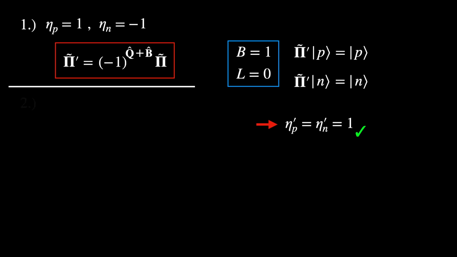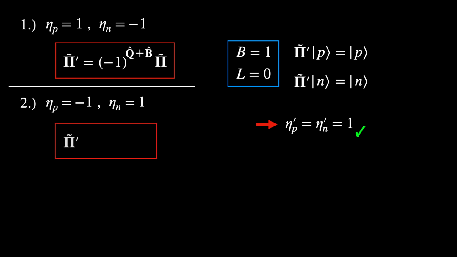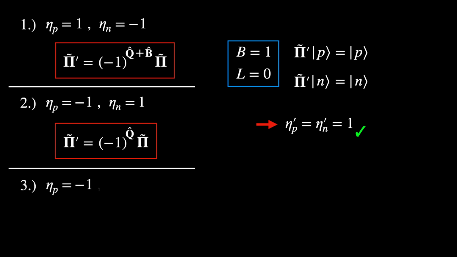On the other hand, if these are the initial values of the proton-neutron parities, the following definition of parity will again set both parities to 1. And for the third case, we could do it with this redefinition.